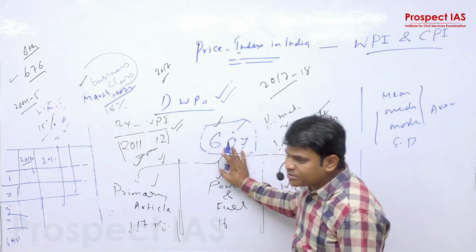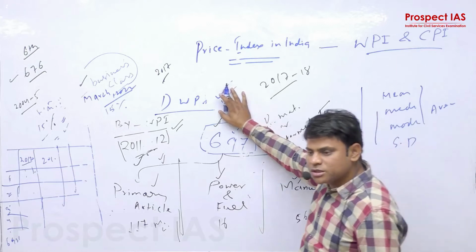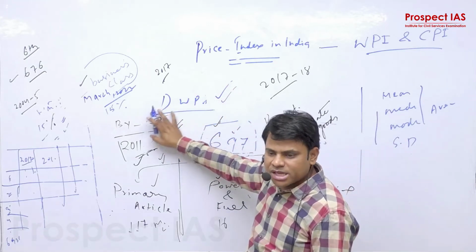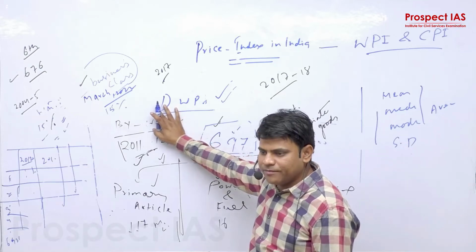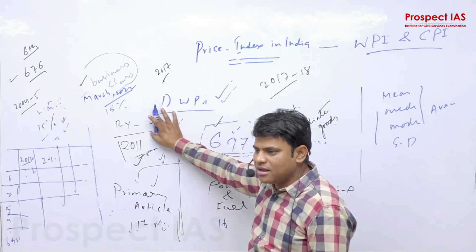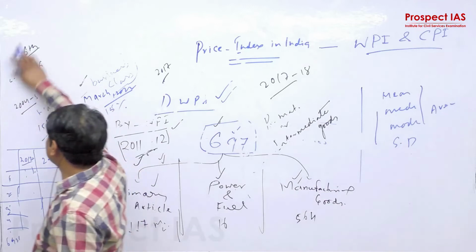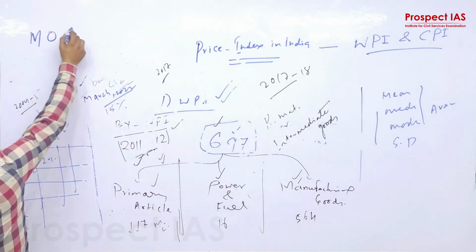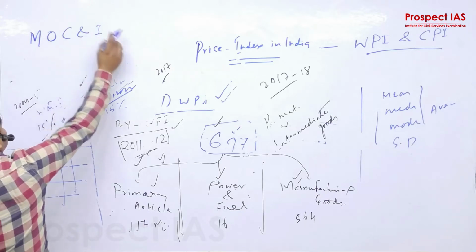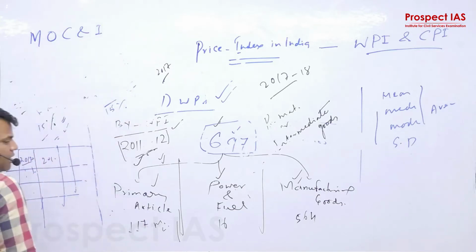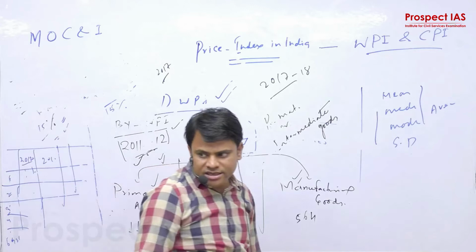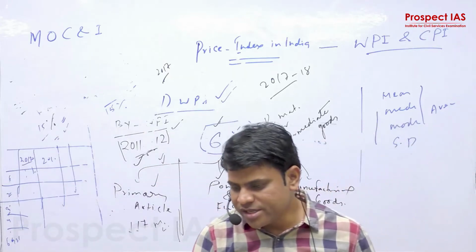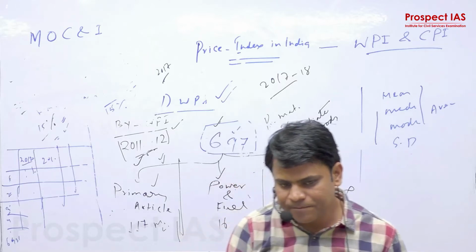So which ministry and which department is responsible for construction of WPI and publication of inflation based on WPI? This question can be asked, है ना. So there is a ministry which is called Ministry of Commerce and Industry. Ministry of Commerce and Industries publishes WPI based inflation every month, है ना.